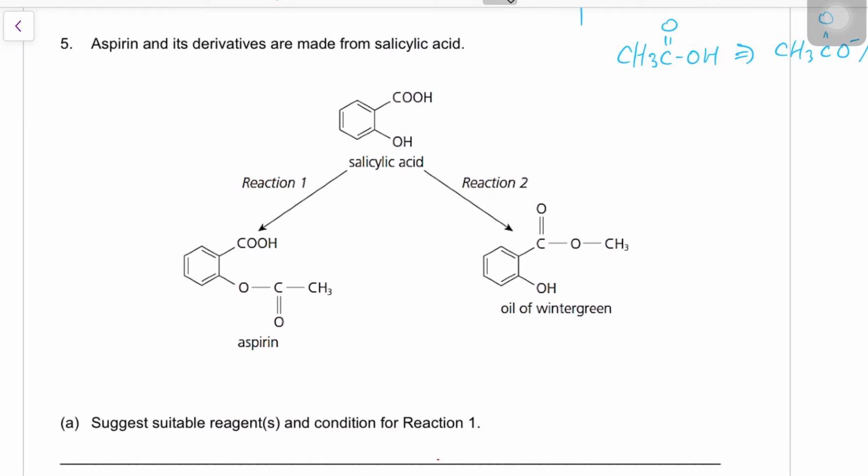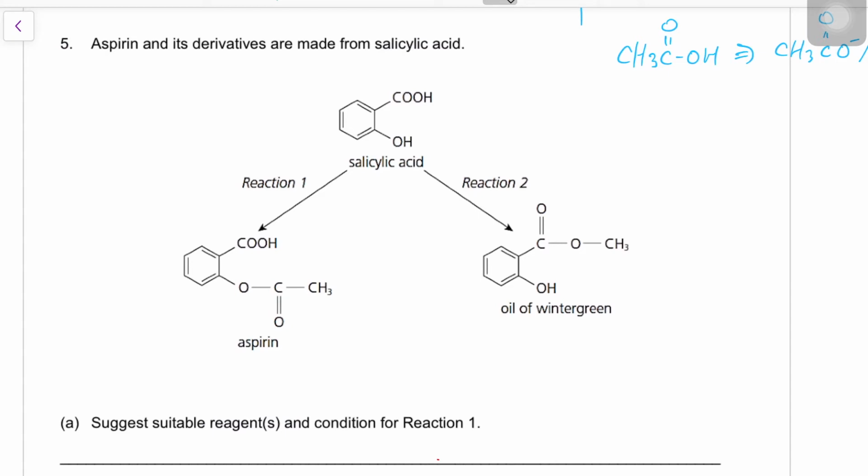Okay, next one is how aspirin is produced. A long time ago, Chinese doctors found that a component of aspirin exists in the bark of a willow tree.